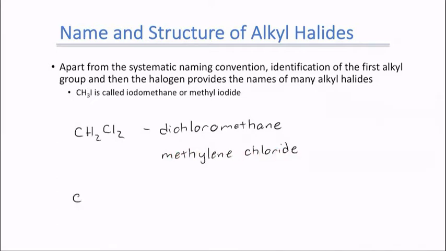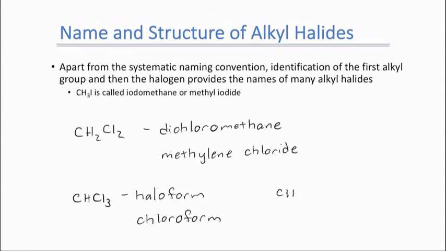One more example is if there's 3 halogens on it, then that becomes our haloform. And so what we mean by that naming is, in this case, I have chlorines. So this becomes chloroform.